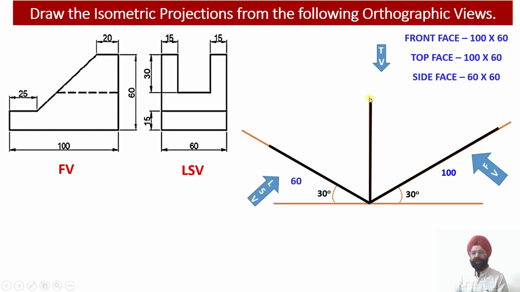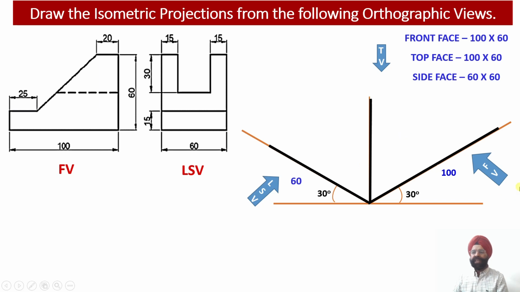And once we draw a couple of isometric lines parallel to the y-axis and the x-axis, these two isometric lines are going to complete the square which we obtain corresponding to the left hand side view.